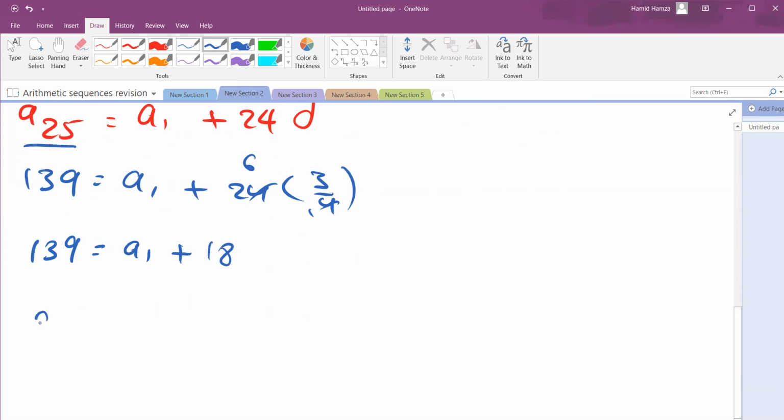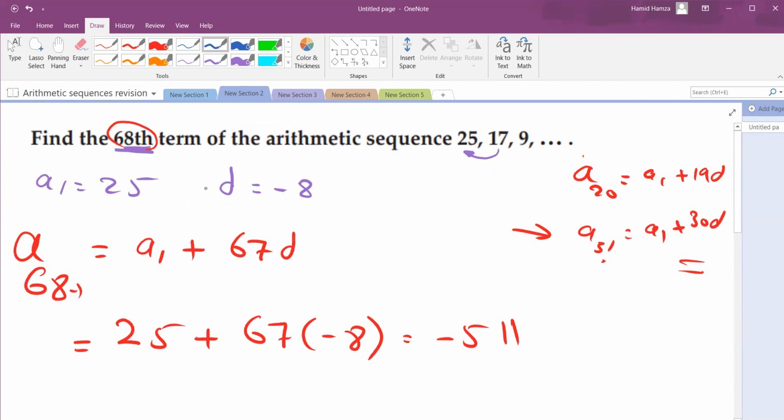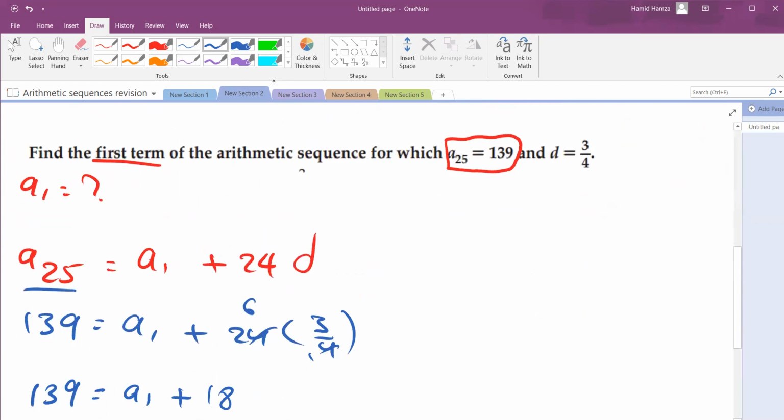So A1 will be equal to 139 minus 80, that means A1 equals 121. The first term of this sequence is 121. Any question about this, guys?